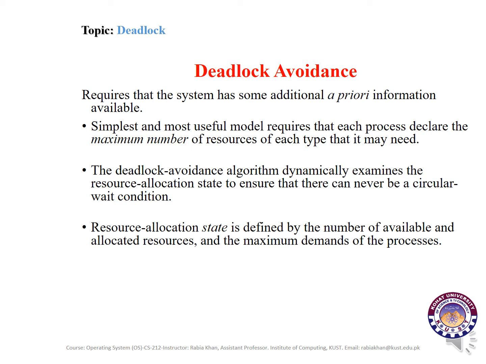The deadlock avoidance algorithm then examines the resource allocation state to monitor the circular wait that may lead to deadlock. And hence, the algorithm ensures that circular wait never occurs.